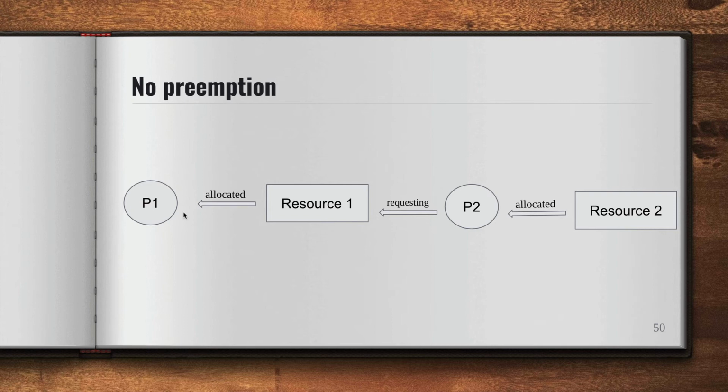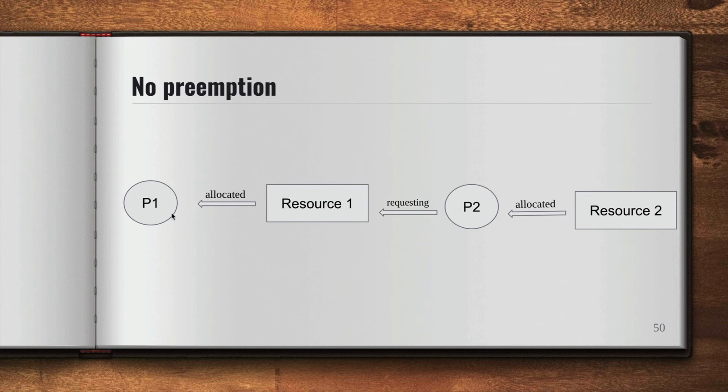Then no preemption. Preemption means acquiring. In case of no preemption, one process cannot preempt, which means acquire another process's resource forcefully. You can't do it by force. You can't snatch somebody else's resources while it's using it to execute.